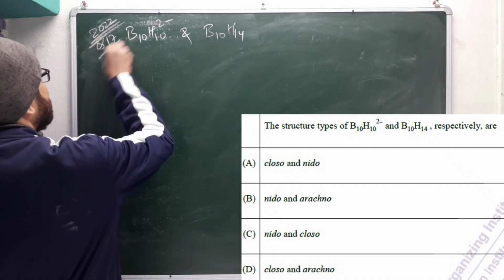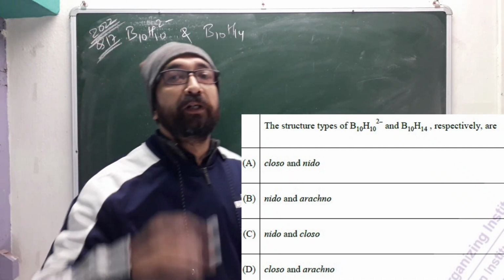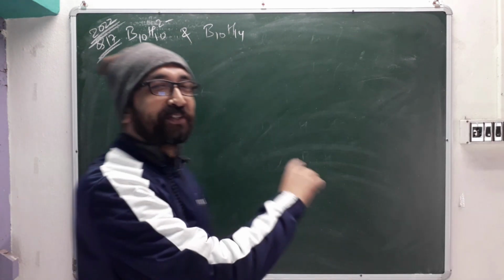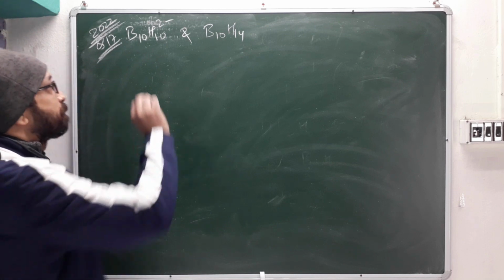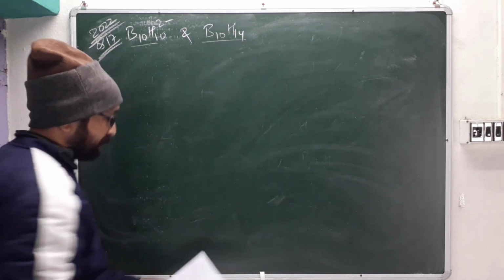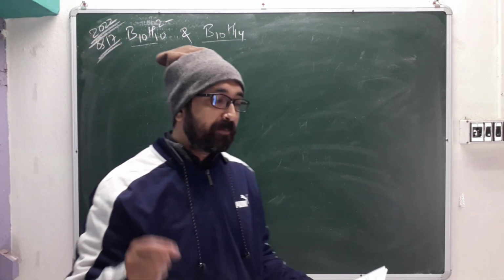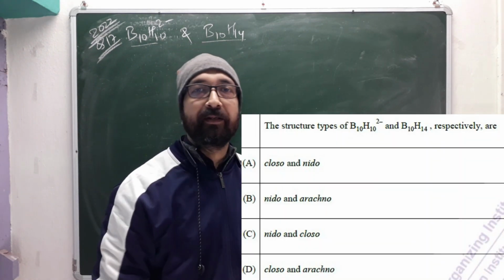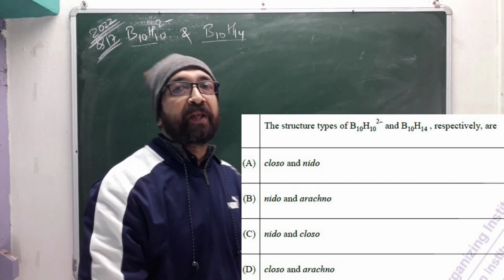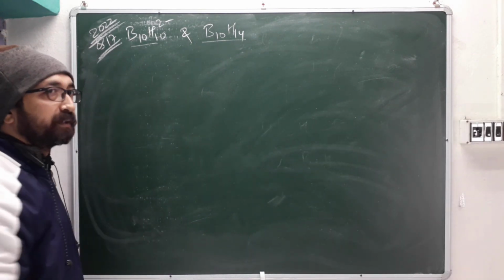Question number 17 is fixed for Borane Chemistry. Only they have asked the structure type of these two respectively. 4 options they have given, you can see the 4 options on the screen.